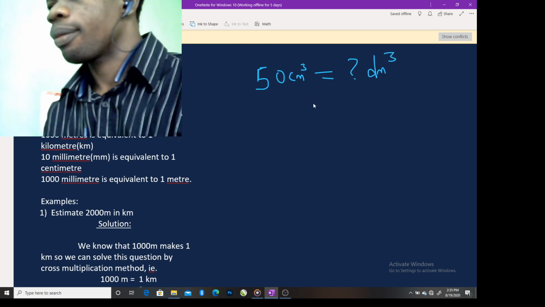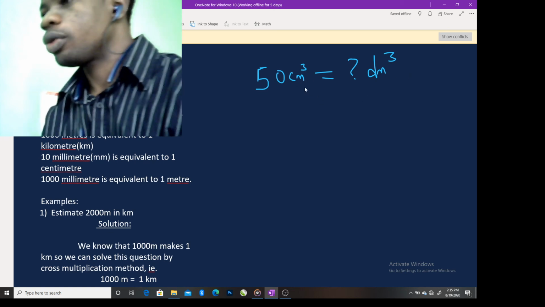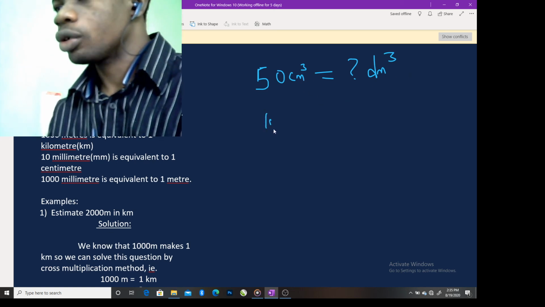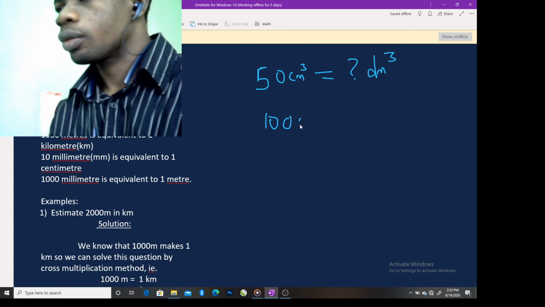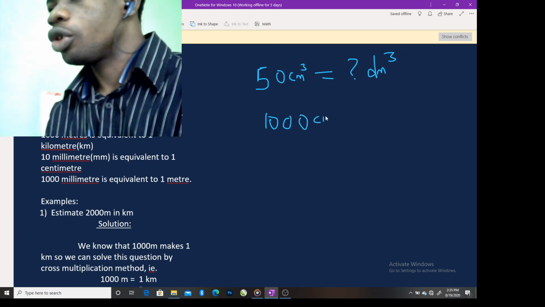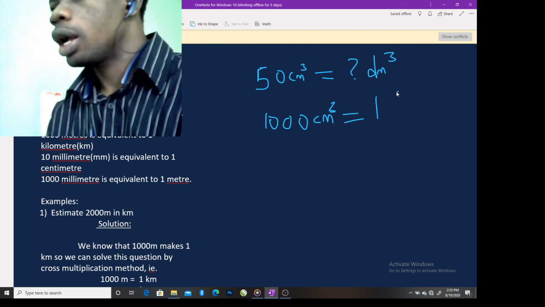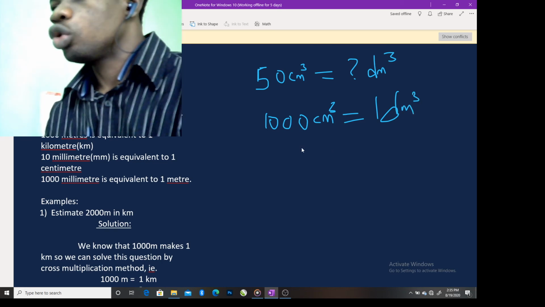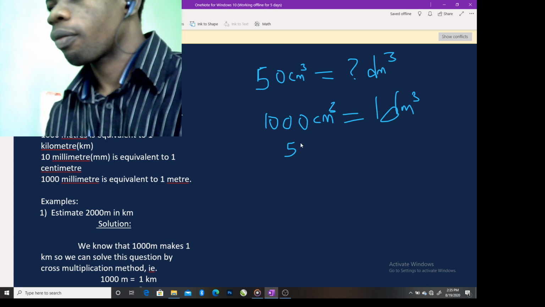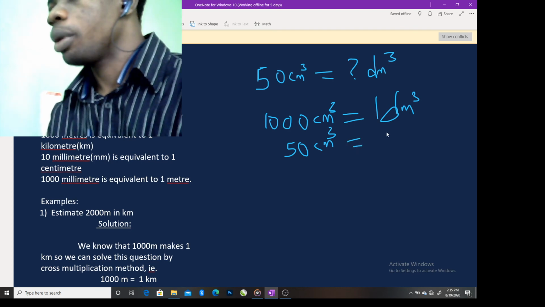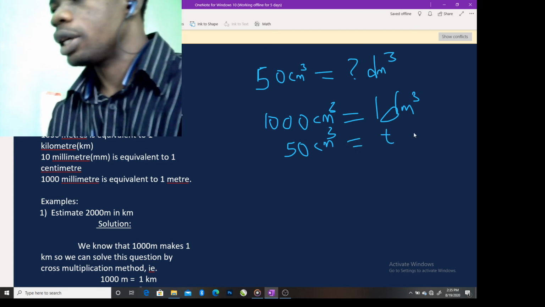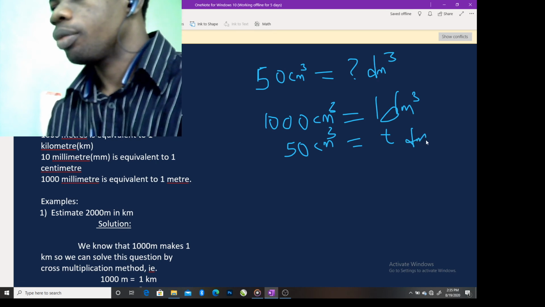What do you do? You write the relationship between them. The relationship says that 1000 cm cube is equal to 1 dm cube. So 50 cm cube will be equal to how many dm cube? I don't know, so you can write T dm cube.